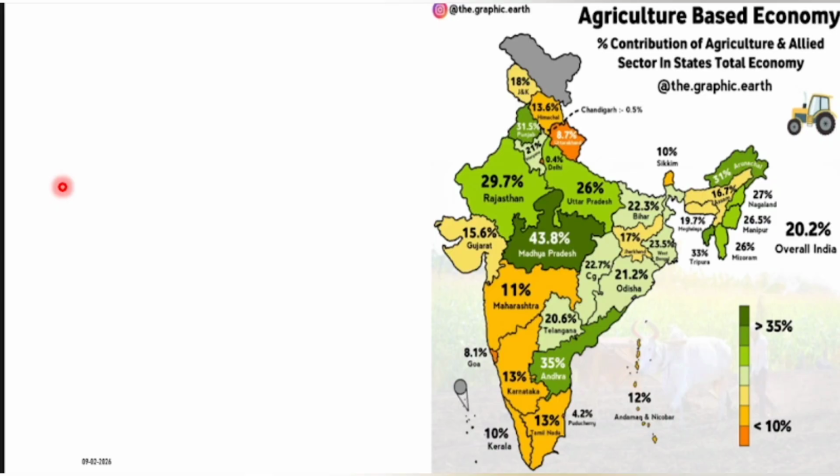Sir, very little rainfall, but they still have agricultural output. How? Other states like Karnataka, Kerala, Tamil Nadu and Maharashtra only contribute around 10 to 13% and suffer due to rainfall. But here you check, even though they don't have rainfall, how they are doing agriculture and creating economy.